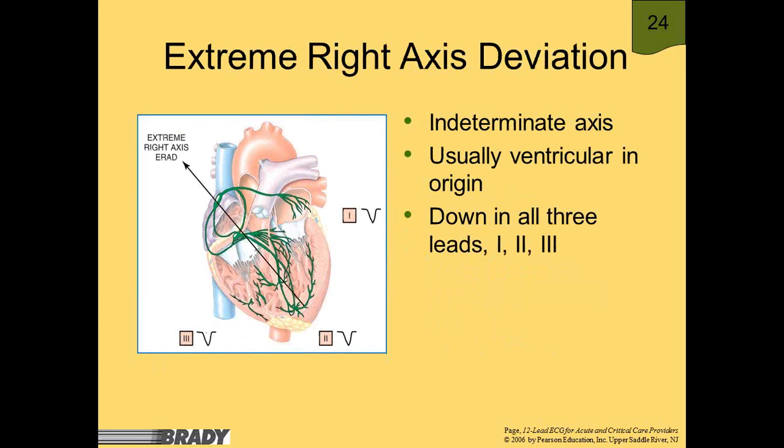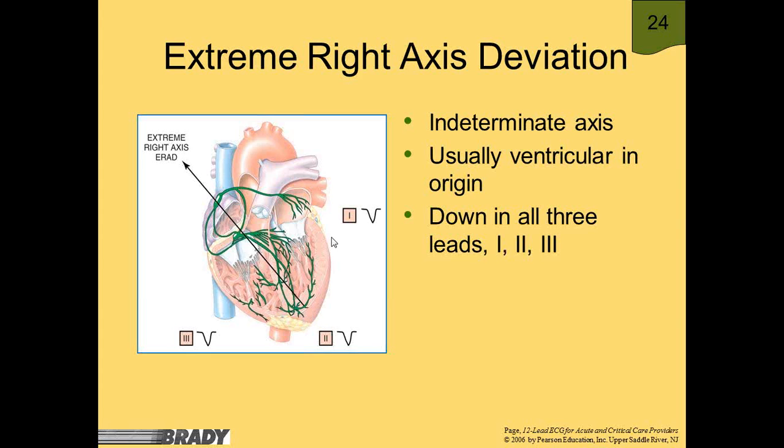So extreme right deviation, and this one is kind of cool. If you can see here, we don't have any conduction at the top part of the ventricles. So we may have some conduction in the atriums, maybe, but it's not getting through the AV node if we do have some. And so the ventricles are in essence starting this. So instead of the electrical impulse coming down through the heart, it's going to start in the base of the heart and go up.